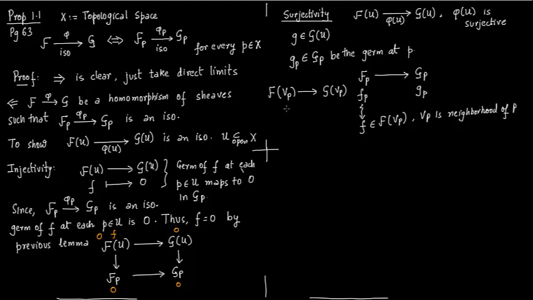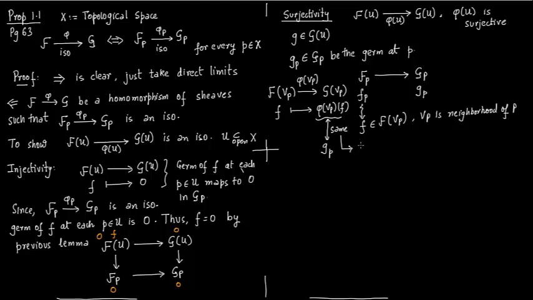So what is happening is, the function f here gets mapped to phi of V_p of f. Now this is the same as g_p.